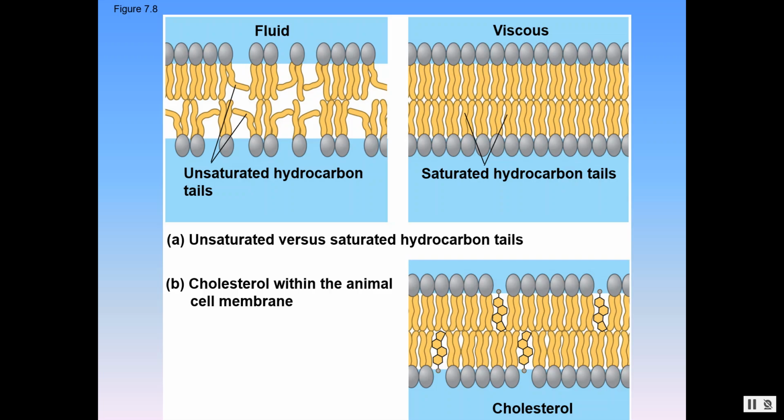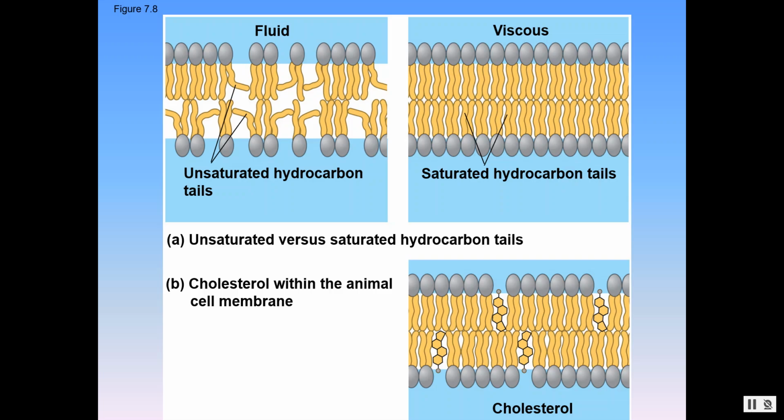If the fatty acid tails of the plasma membrane phospholipids are unsaturated, they're going to be very flexible and very fluid. If those fatty acid tails are saturated, just like a saturated fat, they're going to be very rigid and static, and so that's going to be a lot thicker. So it's more fluid if it's unsaturated, and more viscous or more solid if it's saturated.